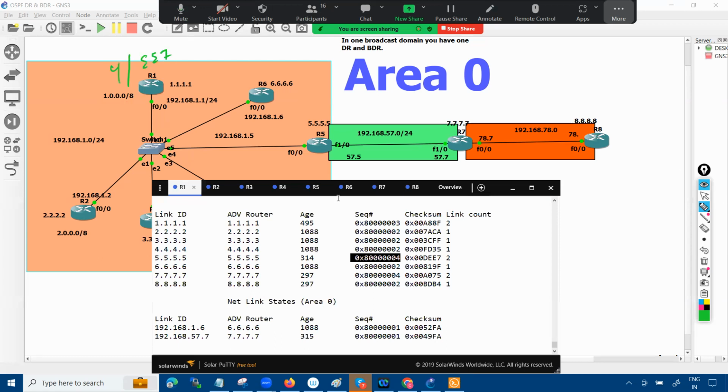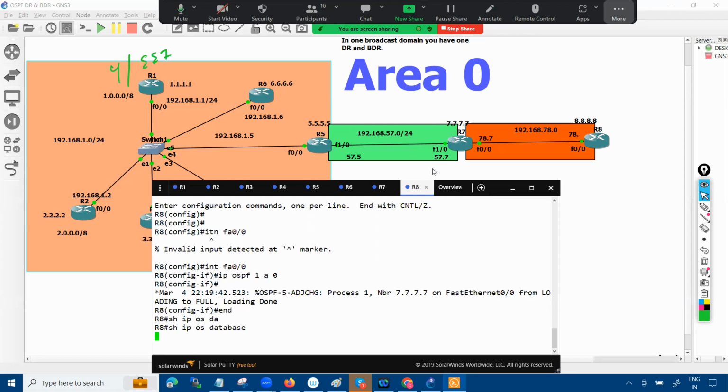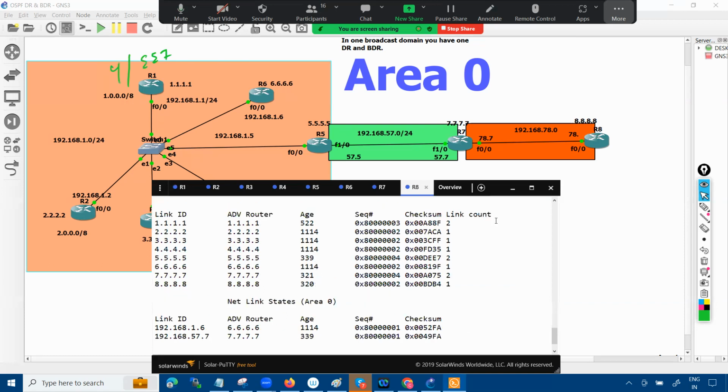The same information you can check on router 8, it will be the same. So within the area, you will have the same information. Can you see that? Same on router 8 as well: sequence number 4, EE7. So whether you are sitting on router 1 or router 8, you will have an identical database on each router.